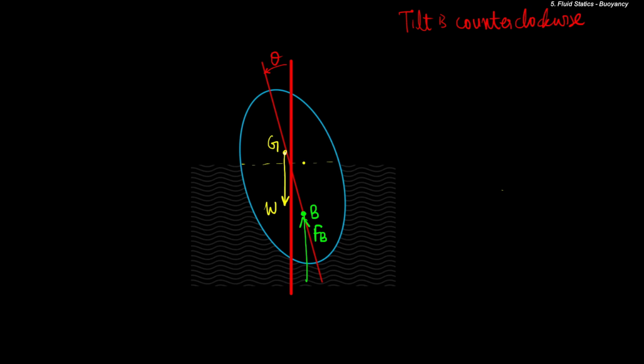Let us take the moment about point G. It will be equal to this force FB multiplied by the moment arm. So the moment is FB times delta. But now look, the moment is in this direction, that is, it is also in the counterclockwise direction, so there will be a positive sign.